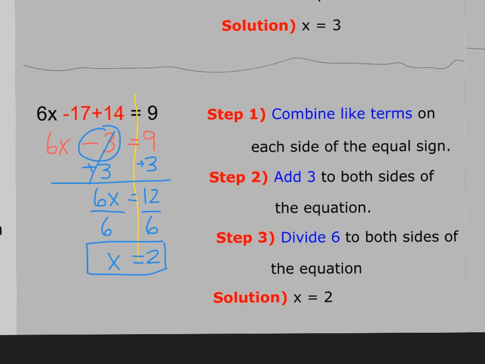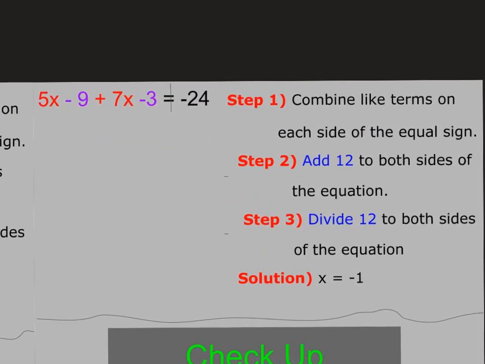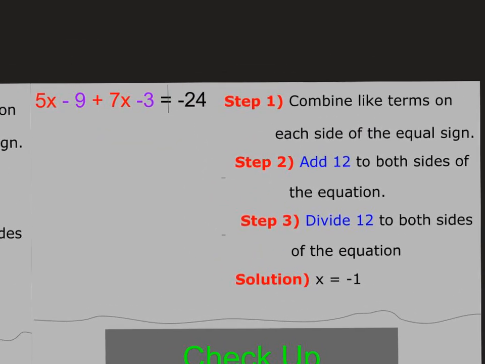All right, and now we have one more example. 5x minus 9 plus 7x minus 3 equals negative 24. Now if you see over on the left side, there's two pairs of like terms. You have the x terms and then you have the numerical terms.